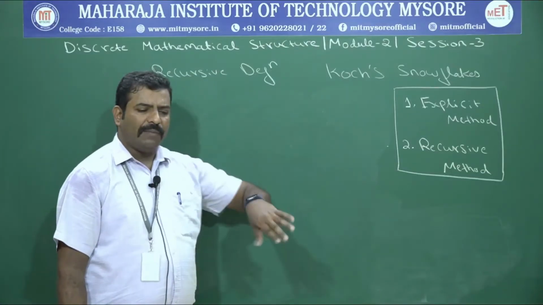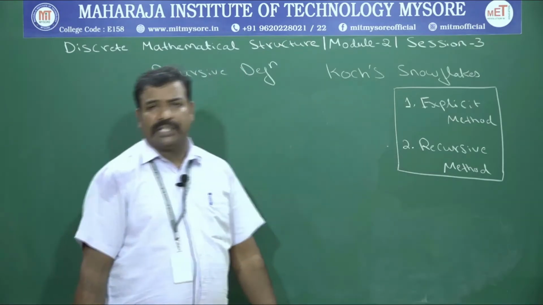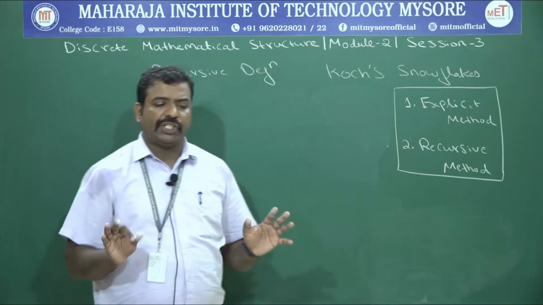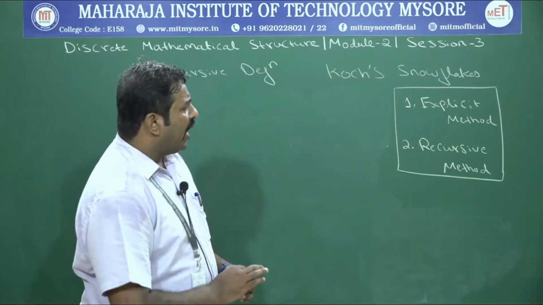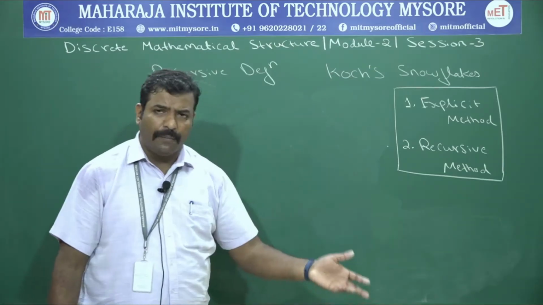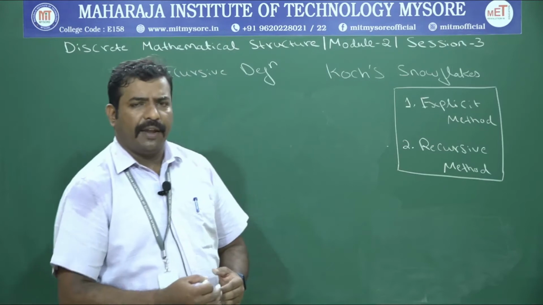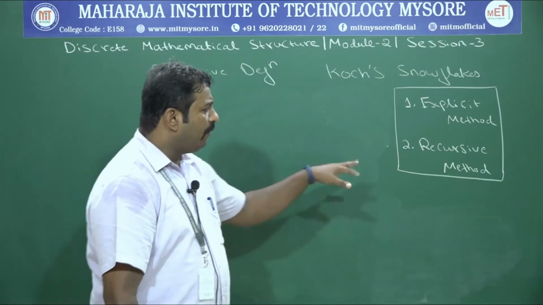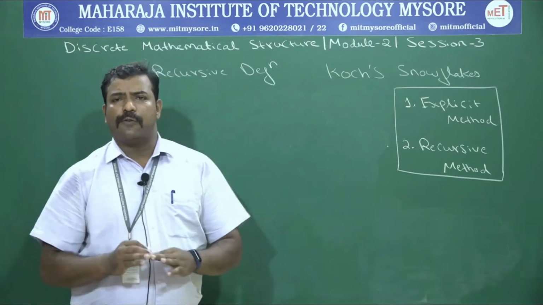All this time, knowingly or unknowingly, we were using the explicit method. The mathematical induction problems in the previous session were equations where we worked the general form in the form of the explicit method. And now we are just moving a bit ahead so that we are going to represent something in the recursive method or in a recursive form.